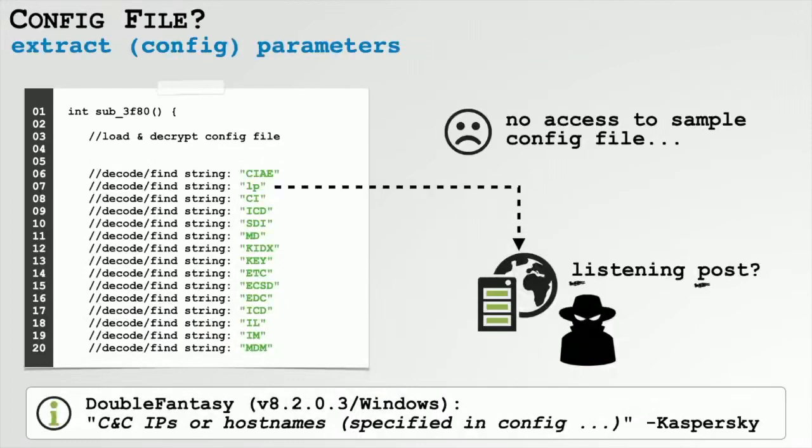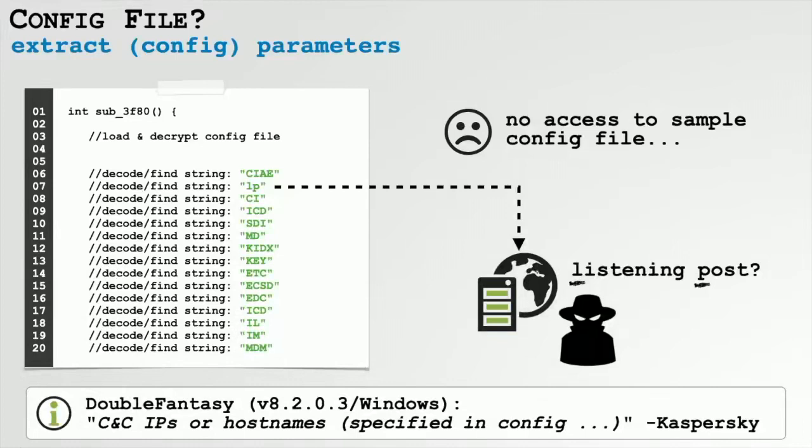If we look at what it does once it decrypts the file, it parses through looking for all these key value pairs that themselves were decrypted. But since we can decrypt the strings, we can recover what the key value pairs likely are. There's a large list. I have no idea what the majority of them are, but we can make educated guesses for some. For example, LP is likely the listening post, which is how the US government generally refers to a command and control server.